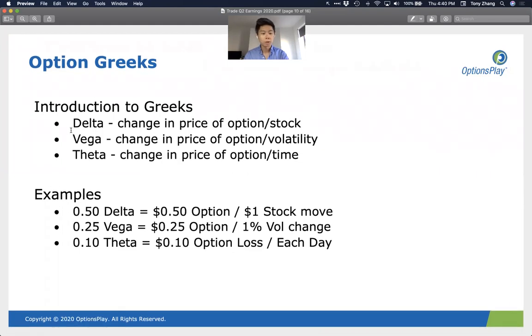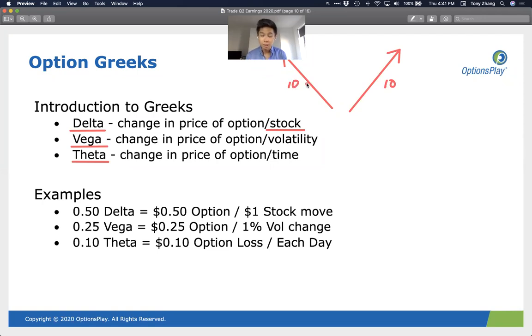There are 3 Greeks that are important for us to know when we're trading earnings, and that's delta, vega, and theta. Delta is the sensitivity of the option price to changes in the stock price. So this is what we talked about. If the stock moves $10 higher or $10 lower, how much does the option price move?